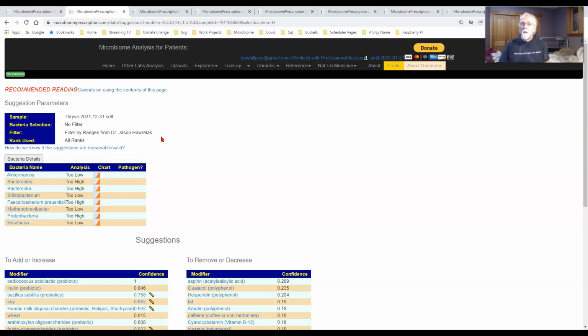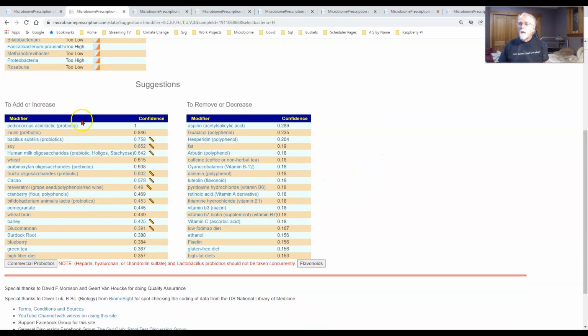He is a lecturer dealing with the microbiome and probiotics. He has some sites, and these are the levels which he wants to see, and we simply use his ranges with his permission, and now we come up with a group.